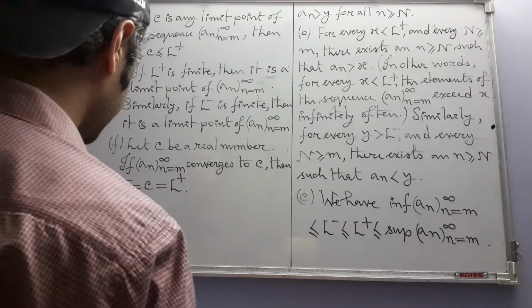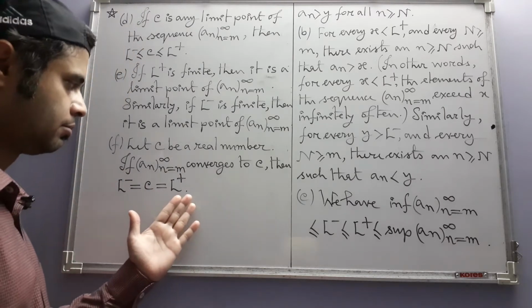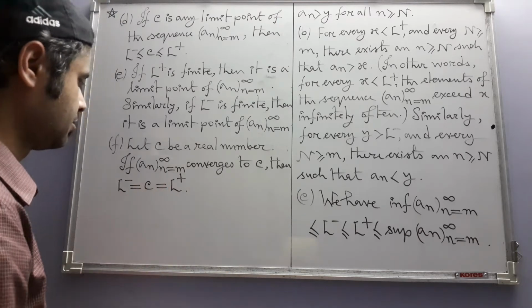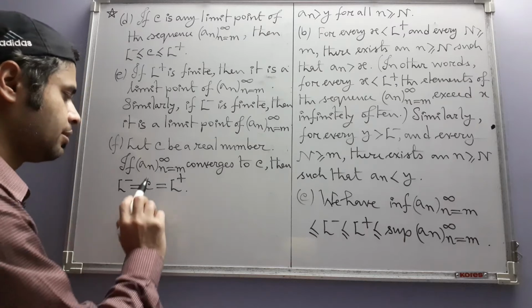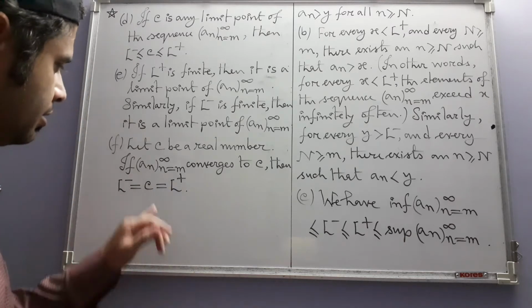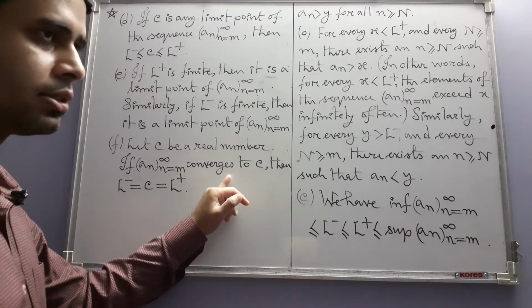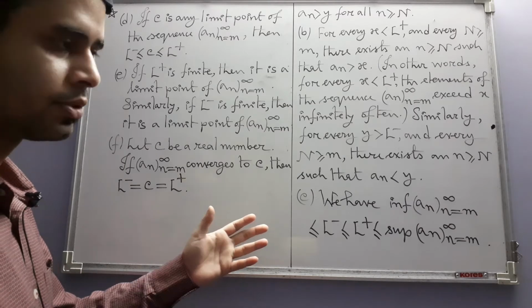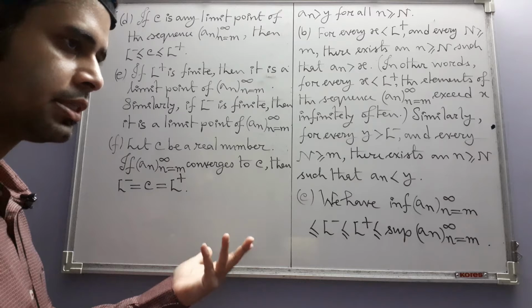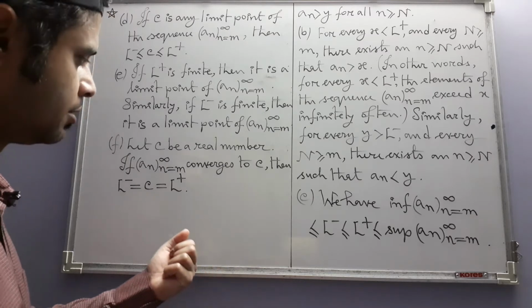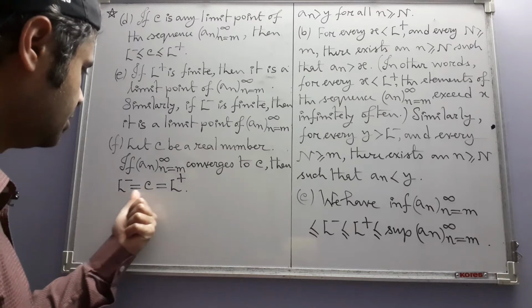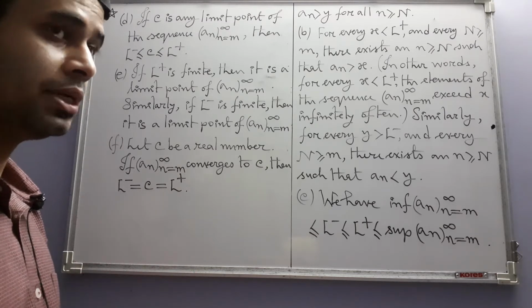You can guess immediately some things about these facts. Recall that we already know that a convergent sequence of real numbers is a Cauchy sequence, and we have proved that Cauchy sequences are bounded. So because the sequence is bounded, these things will be real numbers.